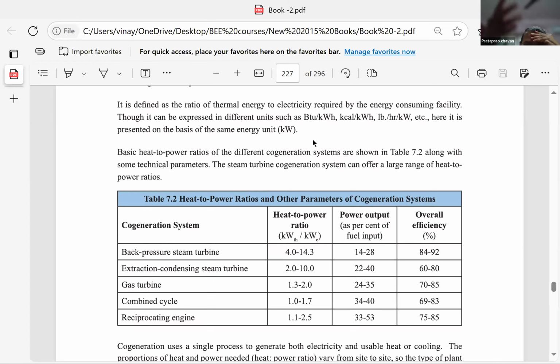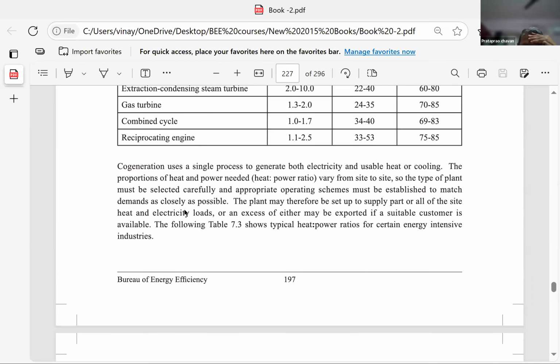We have seen cogeneration systems, what types of cogeneration systems: topping cycle, bottoming cycle, whether it is gas turbine, steam turbine, reciprocating engine. These are different types of cogeneration. Okay, then let us go further. Cogeneration uses a single process to generate both electricity and usable heat or cooling.